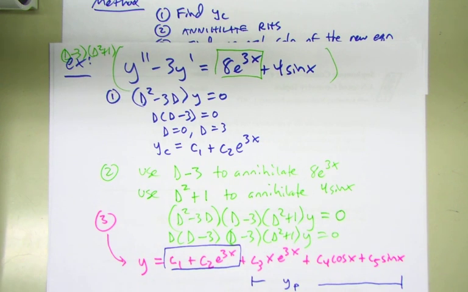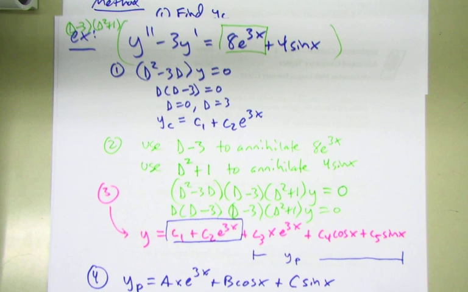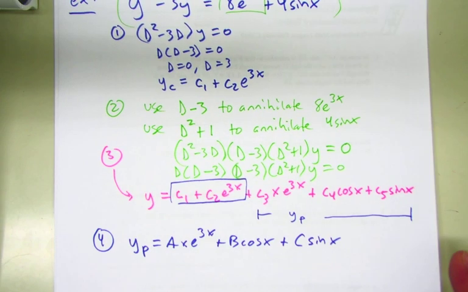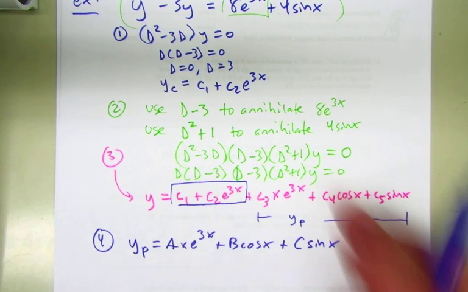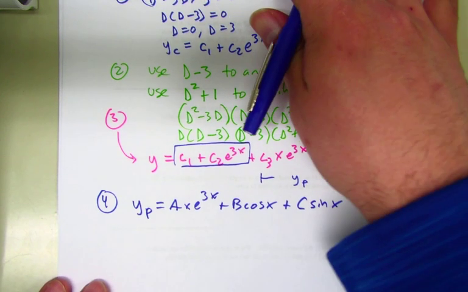So now, and again, to make things easier, I'm going to use A's, B's, and C's. So my particular solution must look like a x e to the 3x plus b cosine x plus c sine x. And from here, we're going to substitute this into the differential equation.